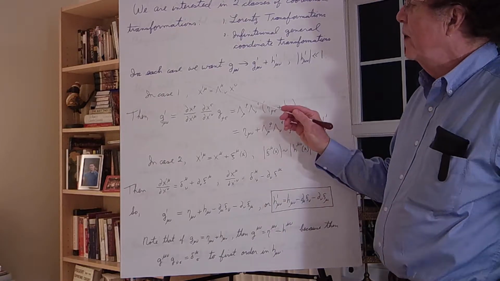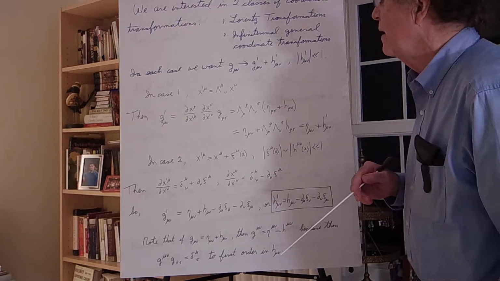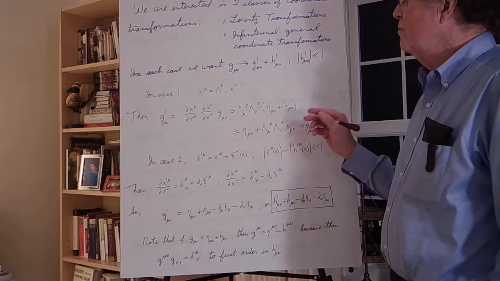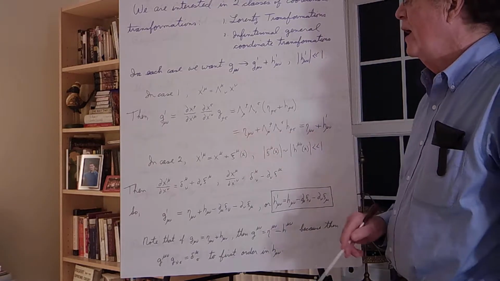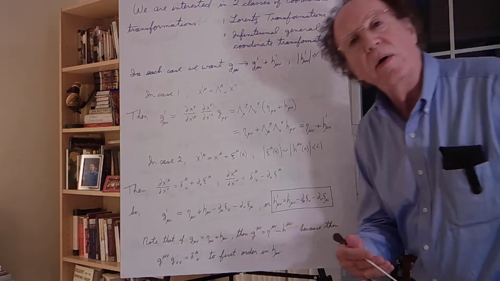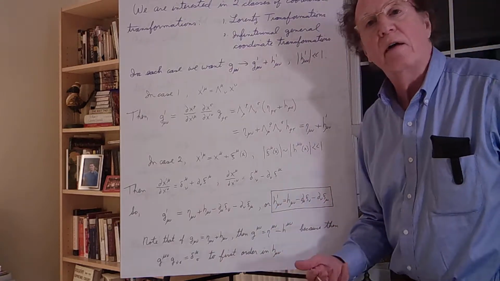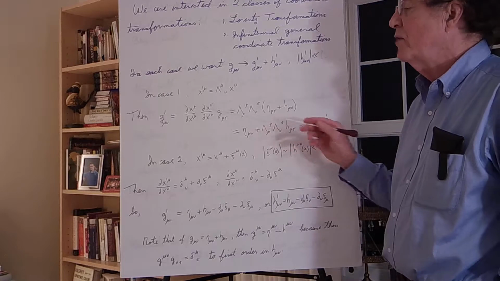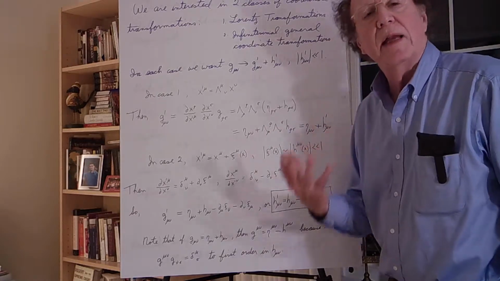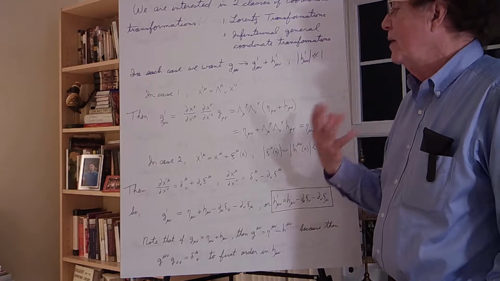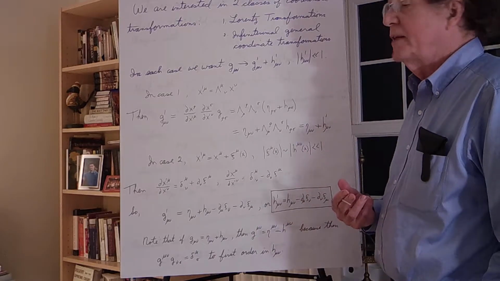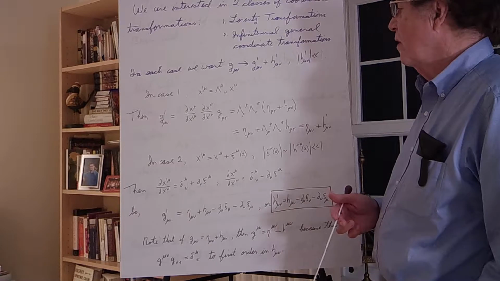So this is my transformation from one frame to the other, and in that transformation, my metric changes from g to g prime. It does so as a second rank covariant tensor, and I know how that transformation works. We looked at how covariant vectors transform, and then we inferred how covariant tensors of multiple indices are transformed as well.